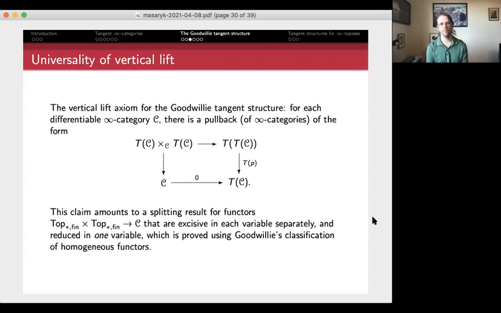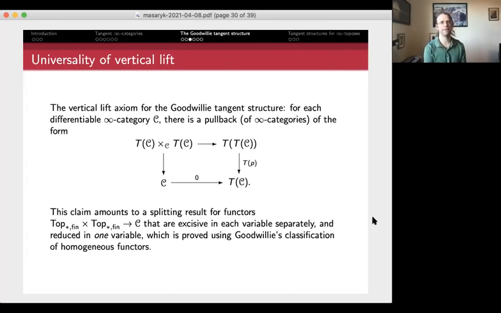A central part of our proof was to show that yes, the corresponding diagram is a pullback of infinity categories. This turned out to be an interesting thing to work out, and it uses more of the theory of Goodwillie calculus to prove that you have this splitting result. It's a splitting result for the tangent bundle of a tangent space, and Goodwillie's theory tells us exactly how to do that.